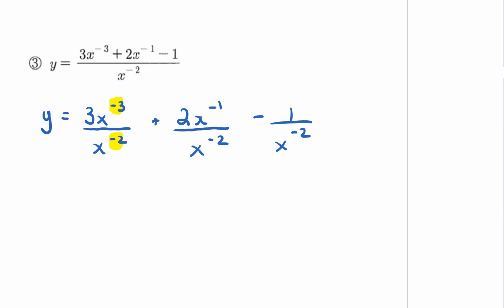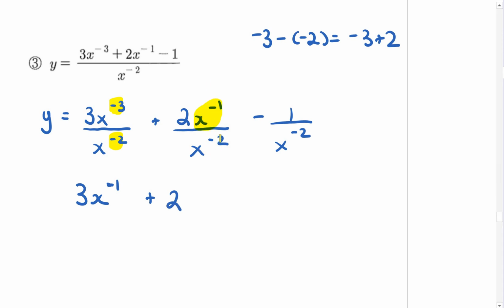So negative 3 minus negative 2 is going to be negative 3 plus 2, right? So that's going to be 3x, and that's going to be to the power of negative 1 plus 2, and then I have this part right here, right?